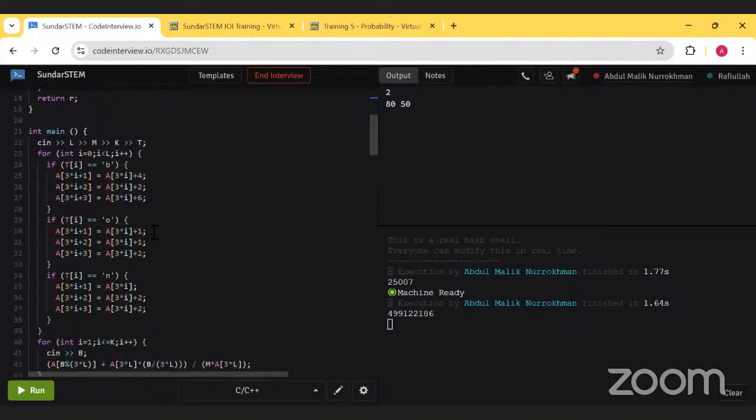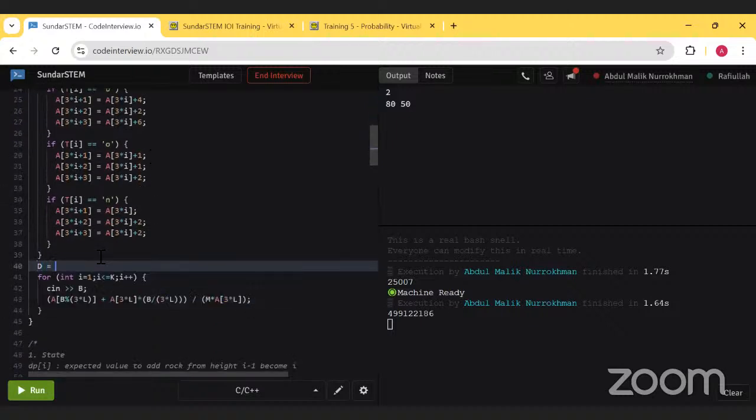This is the divisor, let's say. The divisor will be always divided by m times a 3 times l, like this.